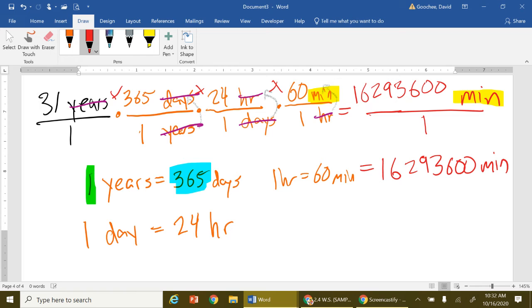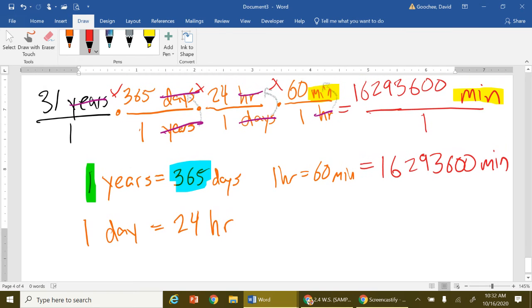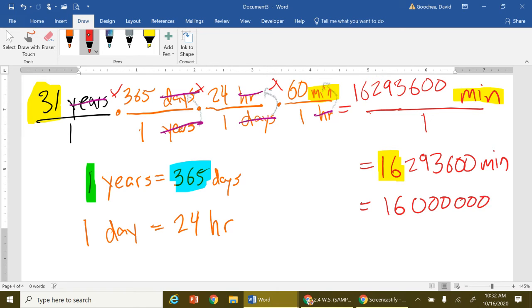minutes. Okay, but, and again, I don't want to say I hate to be pedantic about this, because frankly I love to be pedantic about this, but we started with 2 significant figures, and so we can only keep 2 significant figures here. Okay, so 16,000,000 minutes. 16 million minutes.